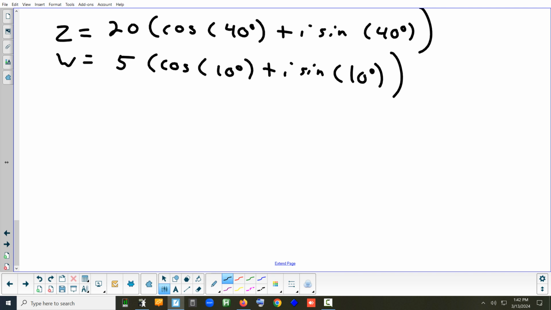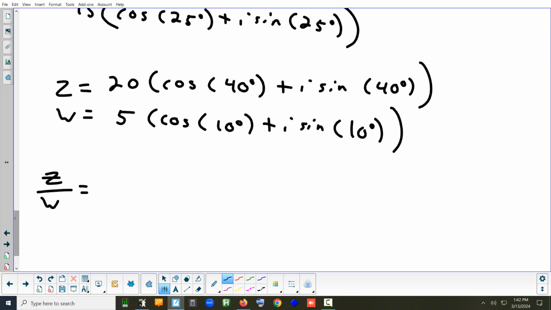Now, I didn't show you this yet. What do you think my radius would be if I divided them? 4. Yep, radius would be 4. And what do you think my angle would be? 30. Yep.